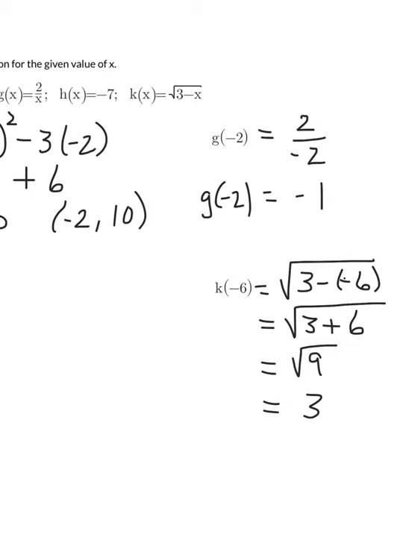And the last one, k of 4, substituting the x in function k with the number 4, square root of 3 minus 4. So that would be the square root of negative 1, and that is not a real number.